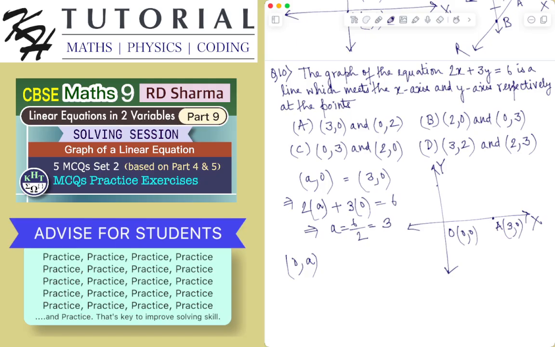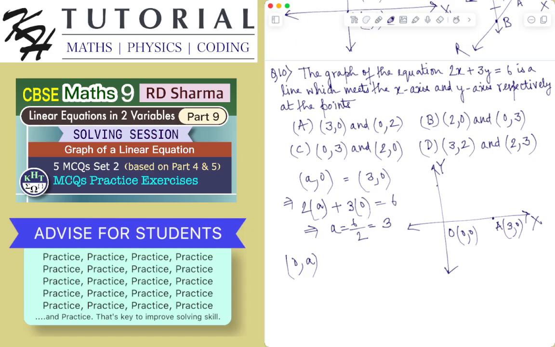Now if let's say the graph of the equation 2x plus 3y equals 6 is intersecting the y-axis at the point 0 comma a, we are assuming that. So this means that 0 comma a should be a root of the given equation.